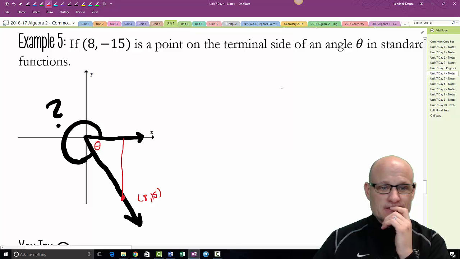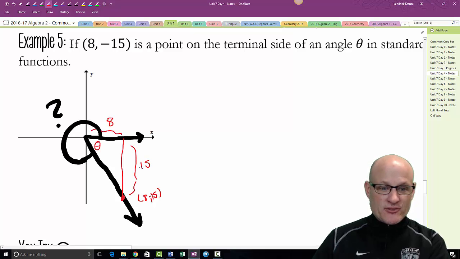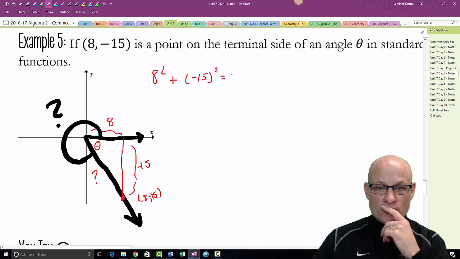Oh, wait, this is negative 15. Oh, wait a second. I came out 8, so that has to be 8. And I went down 15, so that has to be negative 15. So can't I find the hypotenuse? Oh, yeah, that's not bad. 8 squared plus negative 15 squared equals x squared. No, don't use x.